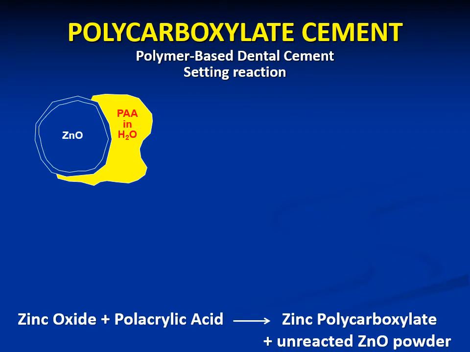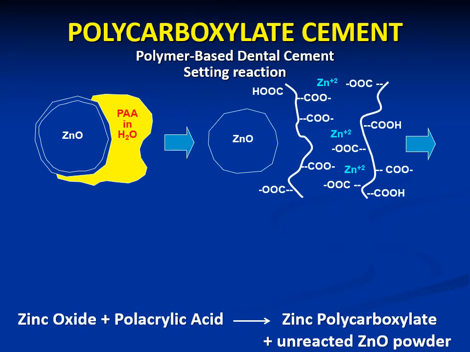The reaction of polycarboxylate cements begins when the basic zinc oxide powder contacts the acidic polyacrylic acid liquid. Ionization of the liquid occurs and release of the zinc ions from the surface of each particle occurs.